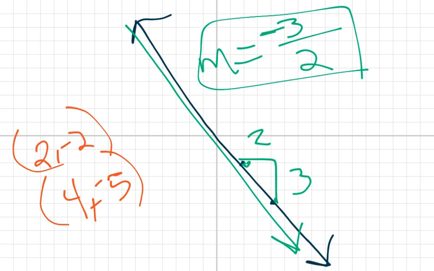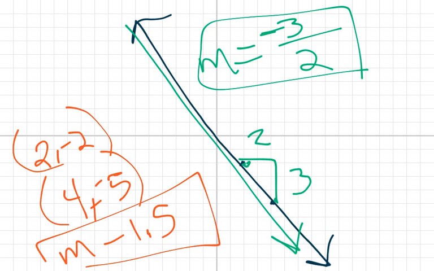Back to Stat, over to Calc. 4 for linear regression, go down to Calculate and press Enter. And -1.5 is what they say A is, which means M for slope. And if you were to change -3 divided by 2 into a decimal, you would get -1.5. I will take it as a fraction or a decimal. We really like for slope to be a fraction because it's the whole rise over run stuff, but I will accept it either way.